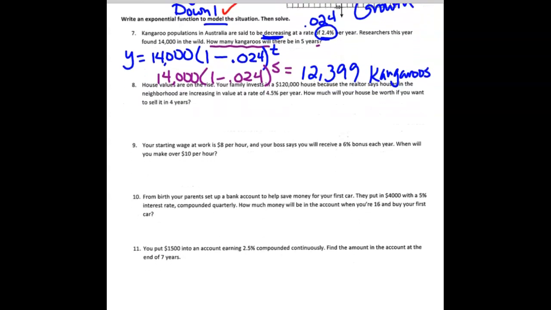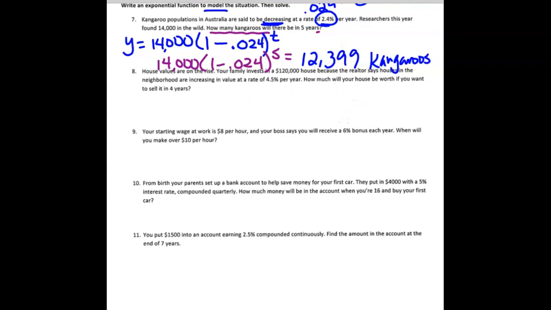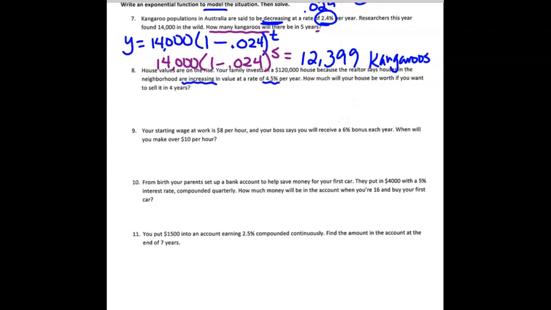All right. Question 8 says house values are on the rise. Your family invests in a $120,000 house because the realtor says the houses in that neighborhood are increasing in value at a rate of 4.5% per year. How much would our house be worth if we want to sell it in 4 years? So again, let's write our model first. Okay.